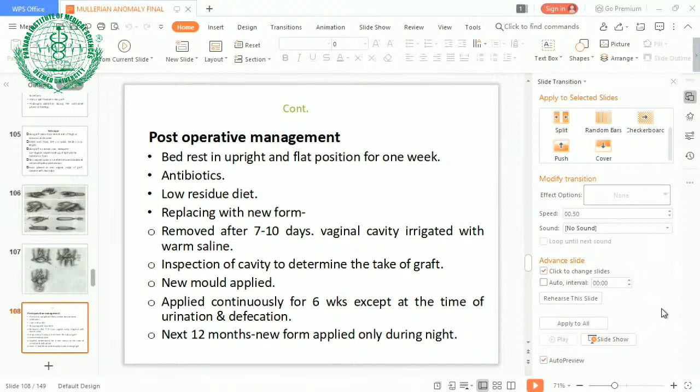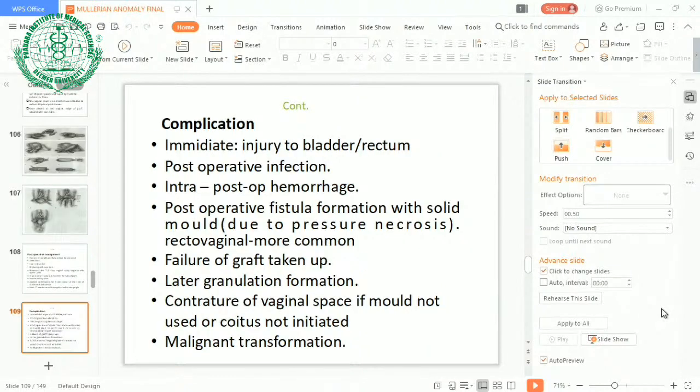The cavity is inspected to determine the take-up of the graft. A new mold is applied continuously for 6 weeks, except at the time of urination and defecation. For the next 12 months, the new mold is applied only during the night.